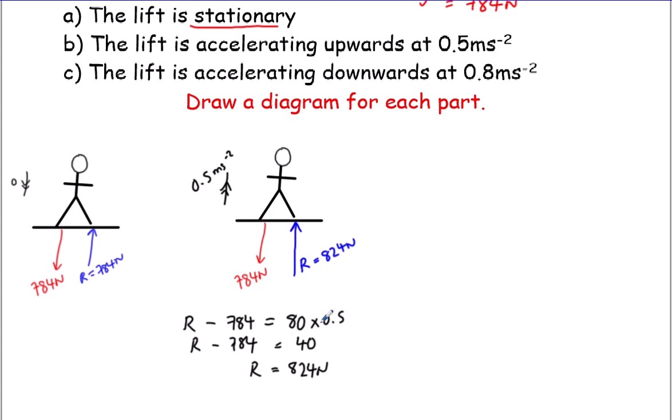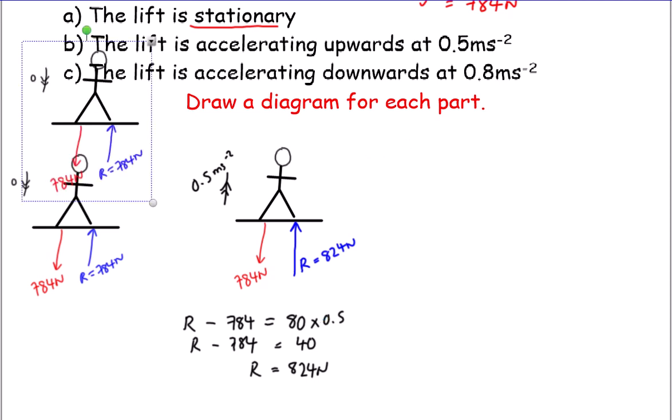Okay, this man is used to feeling a contact force of 784 newtons, and all of a sudden he's feeling 824. That extra 40 newtons makes his knees bend a little bit because you're not expecting it when the lift first starts moving. Okay, so that explains why you feel that little strange feeling in your knees when a lift starts to move upwards.